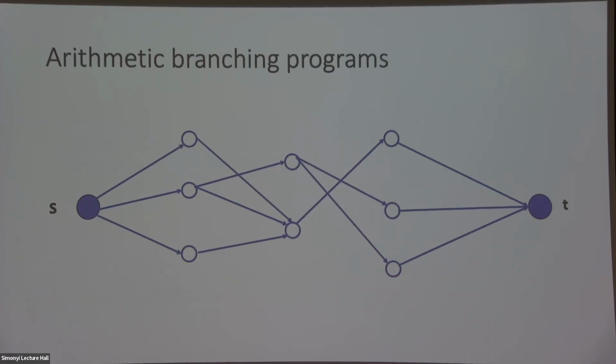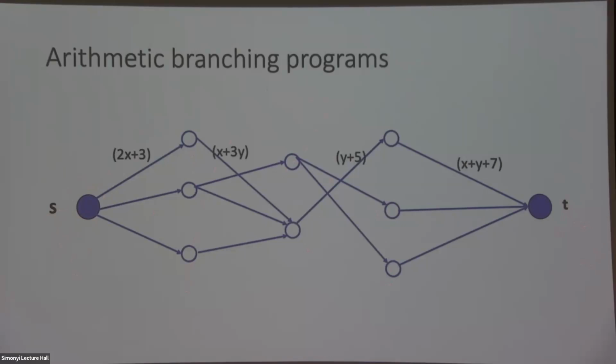That's one object. So there were circuits, there were formulas. This is the third object, which we will be primarily interested in this talk, which is arithmetic branching programs or algebraic branching programs, which are the following. You're computing, again, polynomials, but the way the computation proceeds is the following. You have an input start node and an end node. And then you have these intermediate nodes, which are the layers of the branching program.